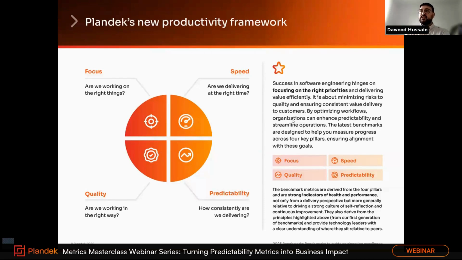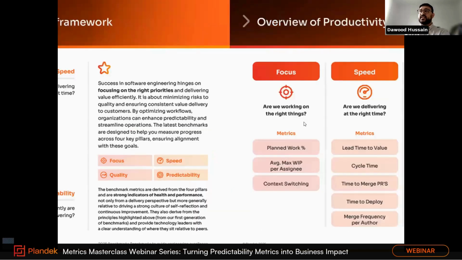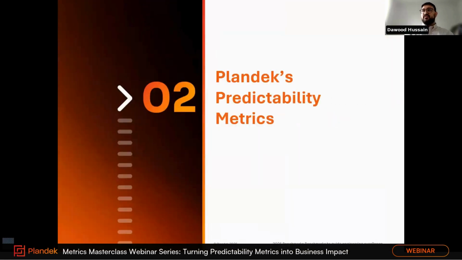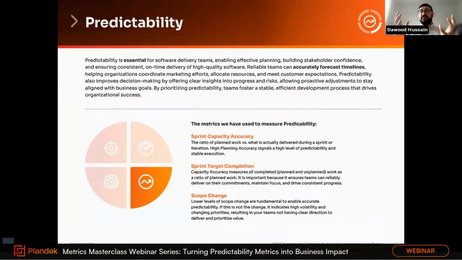So if we go on to the next slide, there's three metrics that we're going to look at. So sprint capacity accuracy, sprint target completion, and scope change. For those of you that are Kanban teams or Scrumban teams and have a mixture of the two, when I go into the dashboard as well, I'll show you a couple of other metrics that you can use as well. So we'll go on to the predictability metrics.